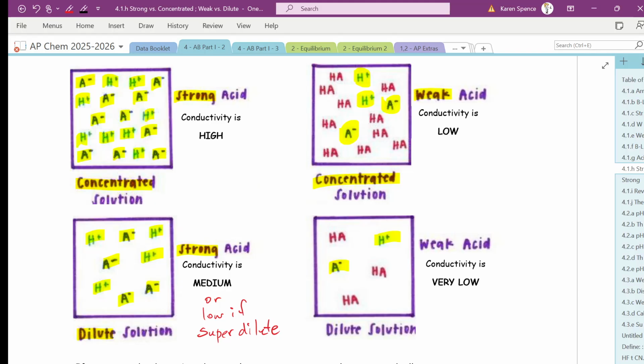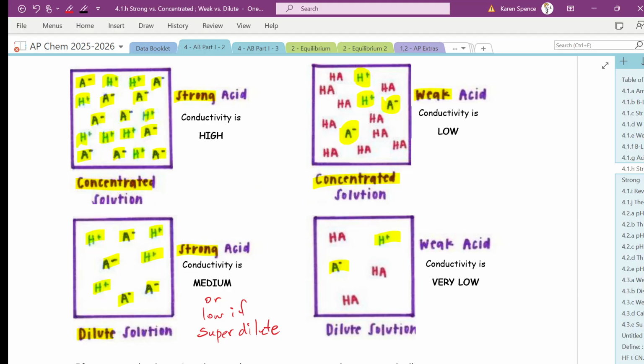Okay, so I have strong acid, concentrated. I have weak acid, not concentrated. 1.0 molar HCl, 0.1 molar HCl, 1 molar acetic acid and 0.1 molar acetic acid.